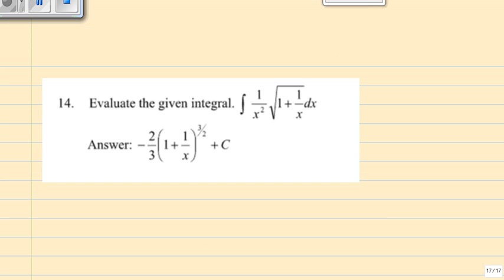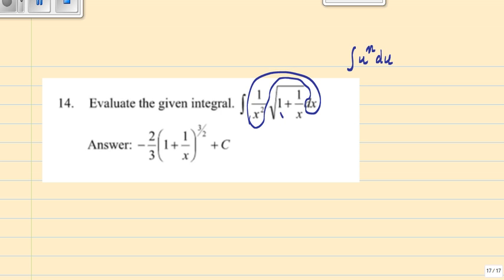Number 14, we definitely don't see integral of the form u to the n du, so we're basically looking for not much algebra we can do in here, so the only hope for us is letting u equal something, and then we're recognizing that we have 1 over x squared dx present.